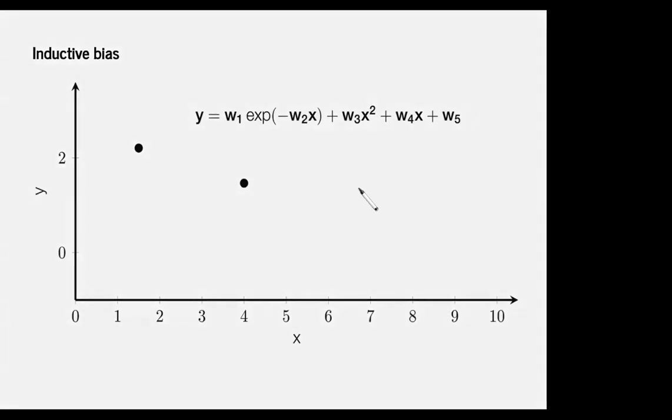So, for example, if we make an assumption about W3 equaling W4, then this can radically shape the way that we can fit data to the model, because we have strong assumptions that these three terms are all going to sum to zero.